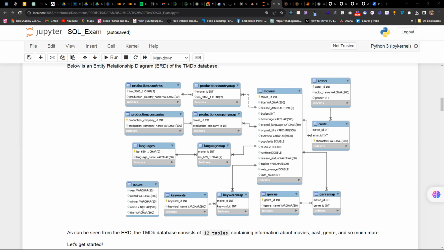Okay, so we'll join genre and genre map on genre ID. Then genre map and keyword map on movie ID. Then keyword map to keywords on keyword ID. Oh, okay, that makes sense. Awesome, thank you for that.